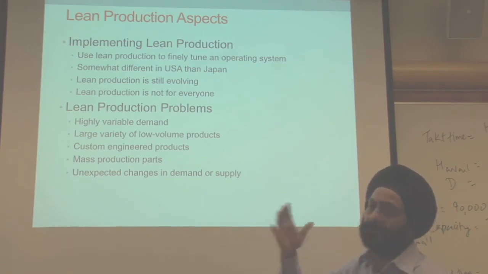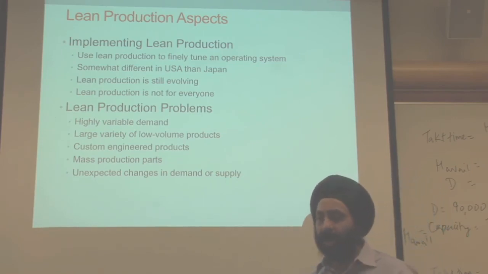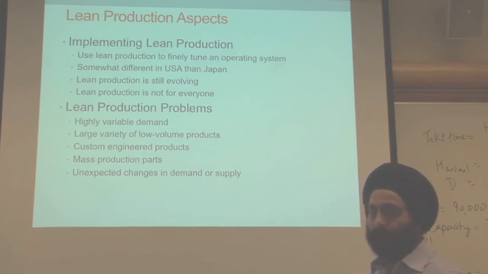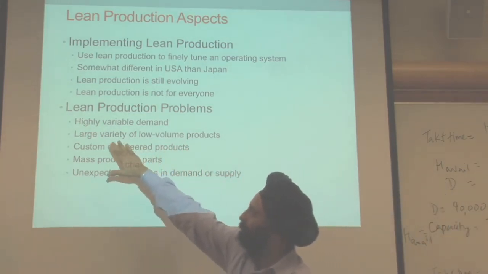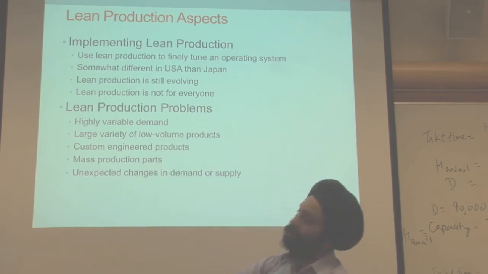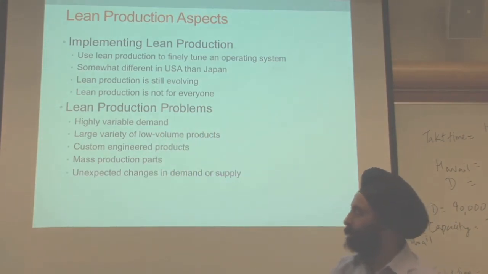And it's not really meant for everybody. If the demand is highly variable, it's not a great choice to use the lean production process. Lean production problem, as I mentioned a minute ago: in a highly variable demand environment, lean production will not give you the best results.